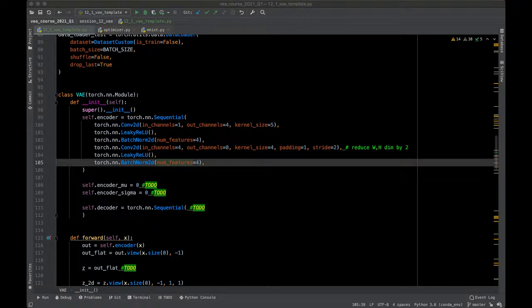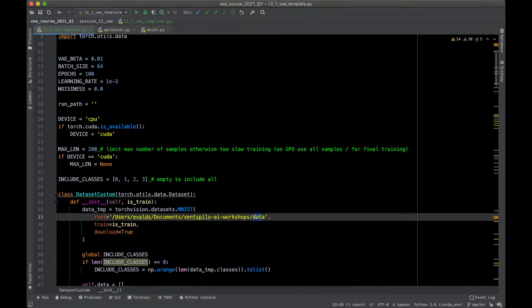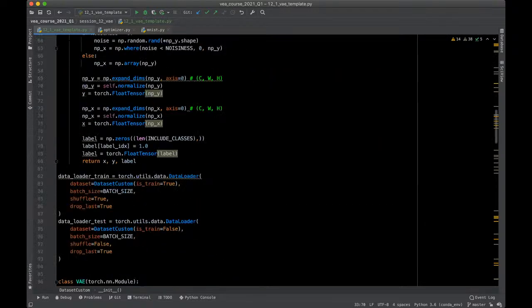Okay, I will give you the link in the chat, and then maybe I should add that also in the Google Classroom. So here is the link to the dataset. What you should do is copy that MNIST inside your data folder when you extract it, and then point just to the data folder root here, not the exact MNIST root. If you point to it correctly, it will not download it anymore at all.